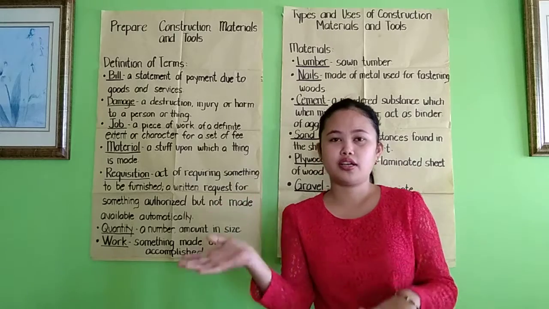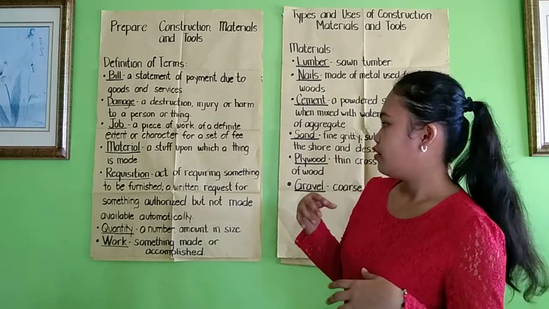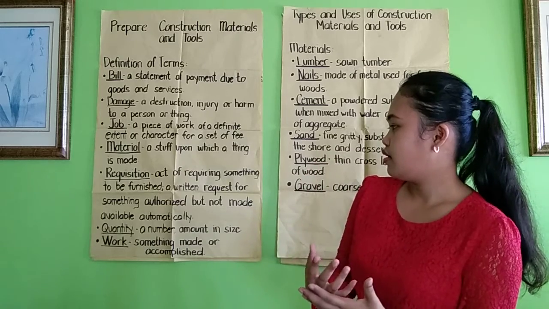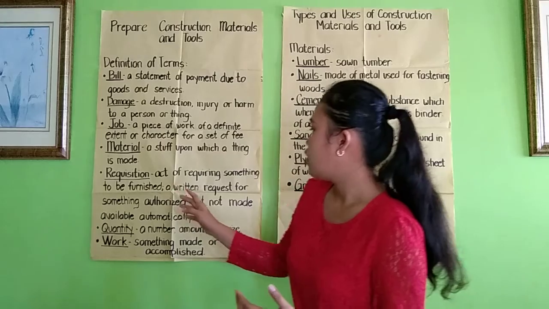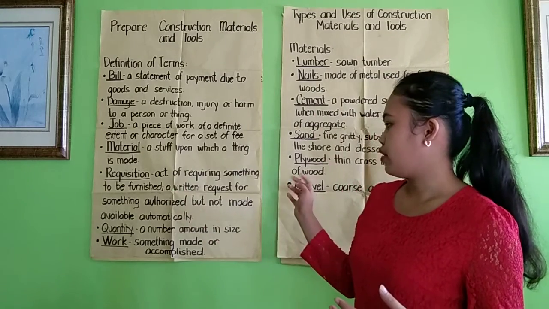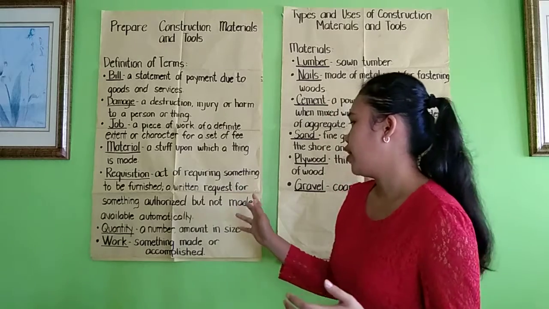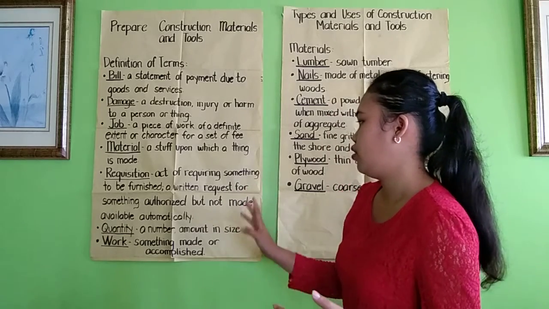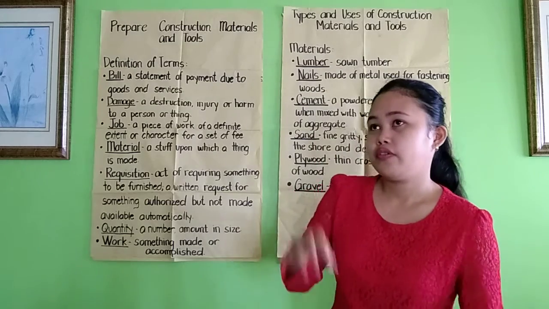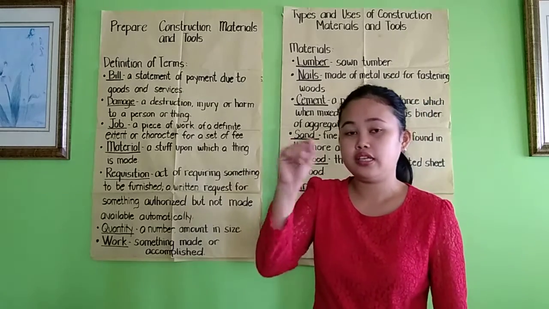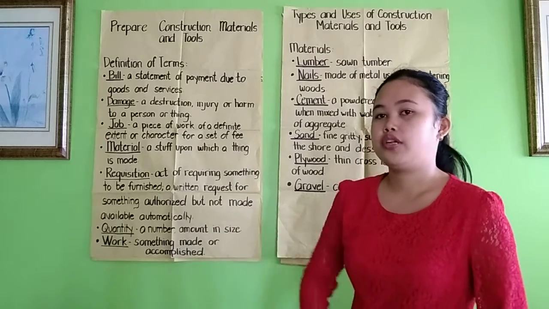This material comes with consumable things, which is somehow different from those. Next is requisition: the act of requiring something to be furnished, a written request for something authorized but not made available automatically. This requisition comes with a paper. You have to fill in some needed information to request something with authorization.